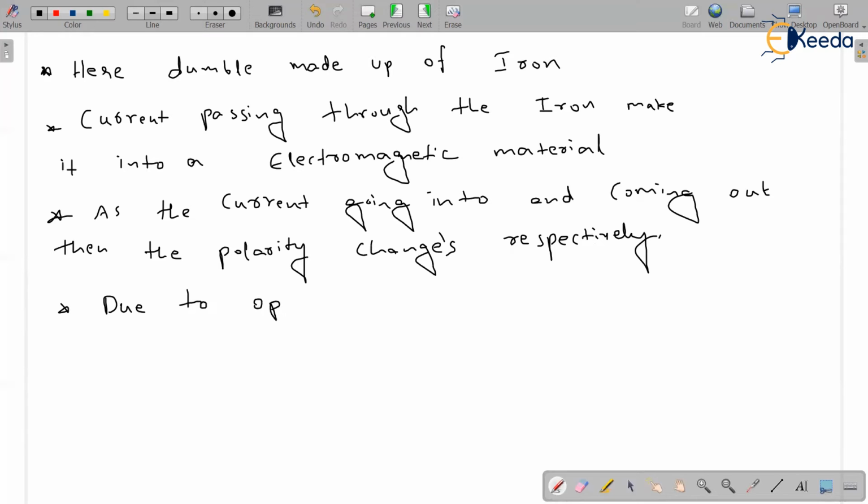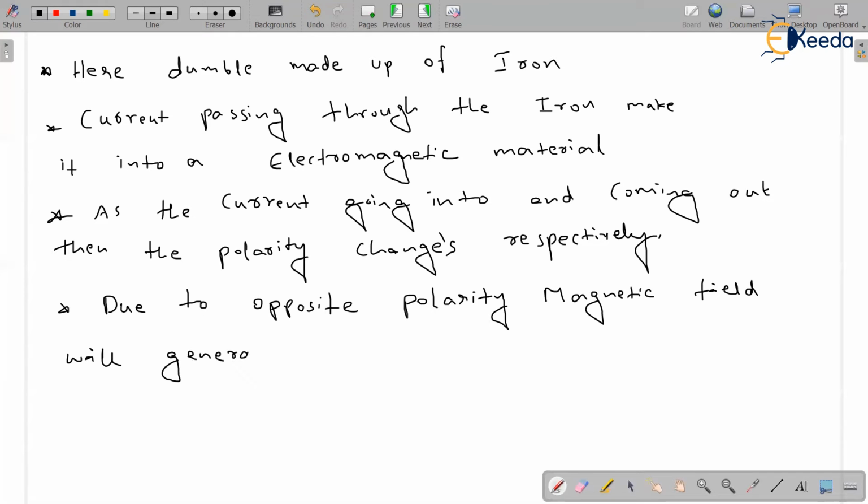Due to opposite polarity, a magnetic field will be generated from north to south.